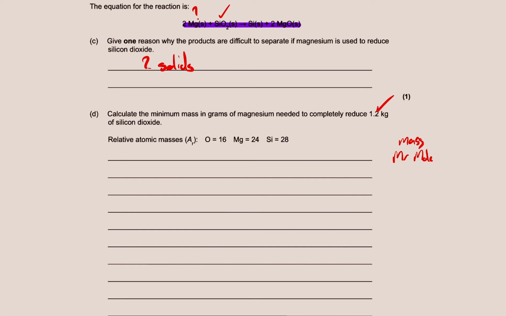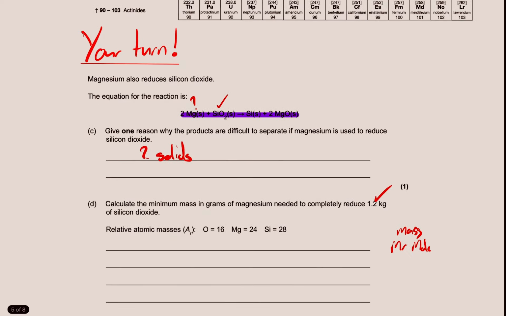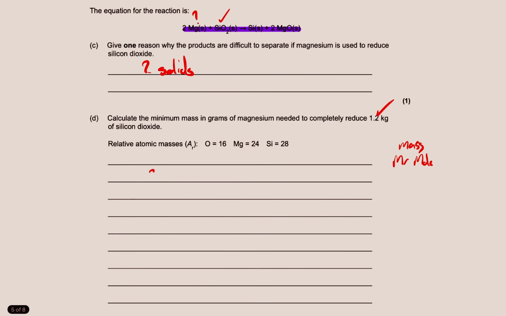Let's get that table drawn. So we've got 2 Mg and we've got SiO2. Mass, Mr, mole. And now we fill in our information. So we've got 1.2 kilograms.